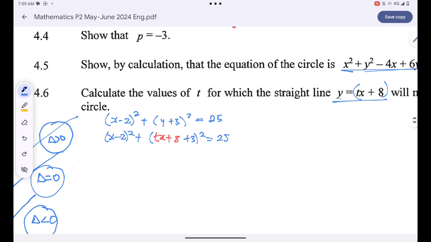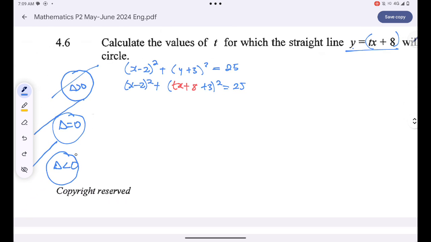So all you have to do, guys, is to use our principles from the nature of roots. I know that delta for the intersection must be less than 0, but for me to be able to determine delta, I must have my equation in standard form.